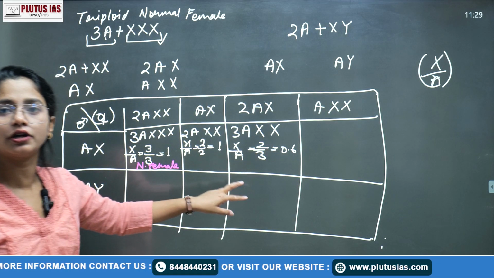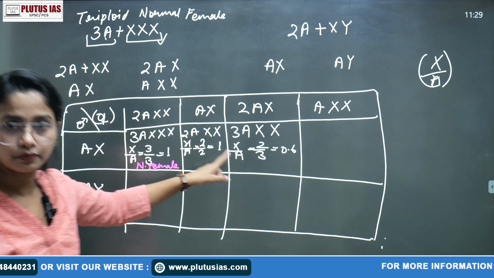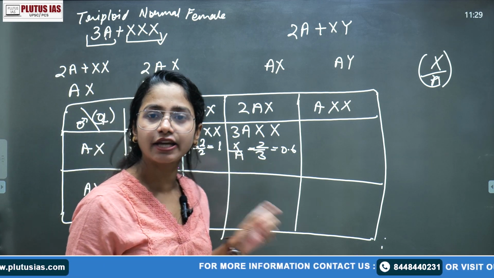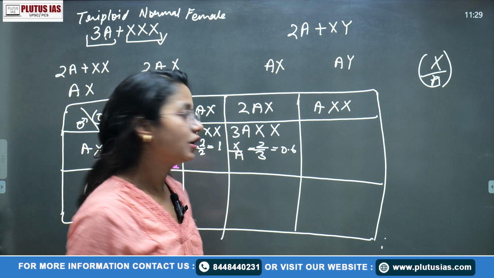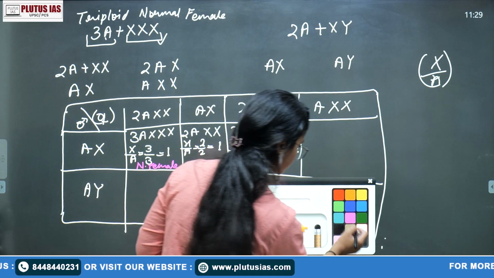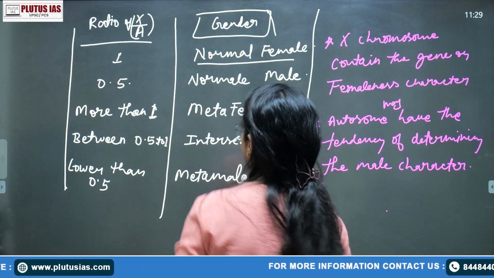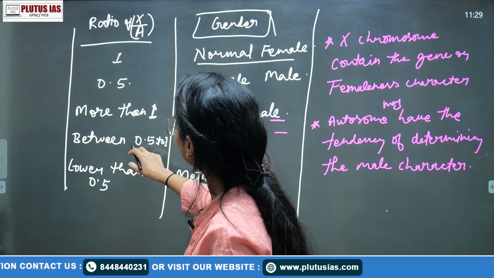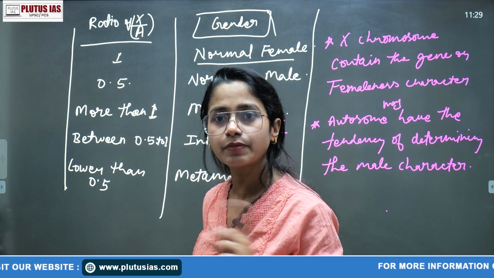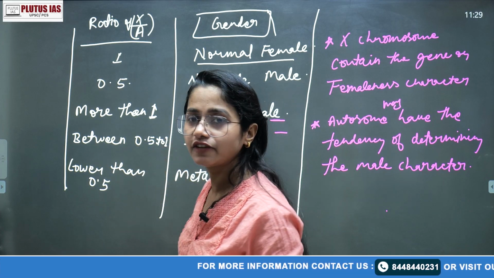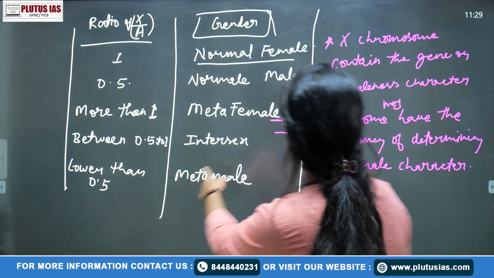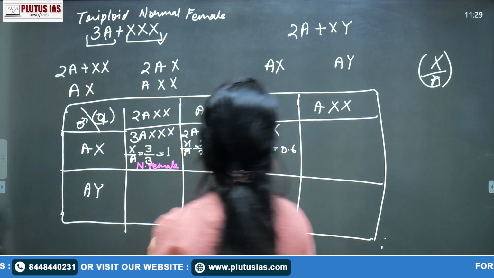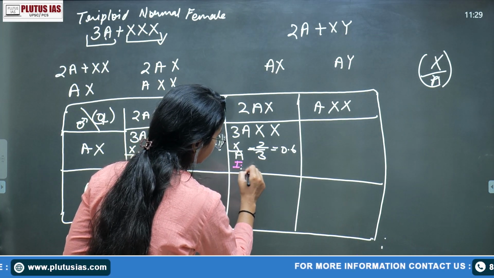So that will for sure not be the female, and not the male, because exactly 0.5 will be the male. So that will be your intersex. So from here what we can see is that 0.6 is between 0.5 and 1, more than 0.5 and below 1. So that will be your intersex.